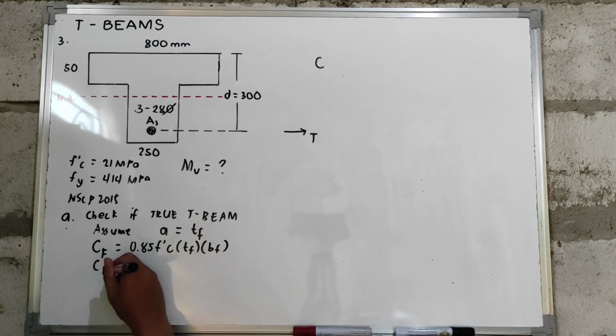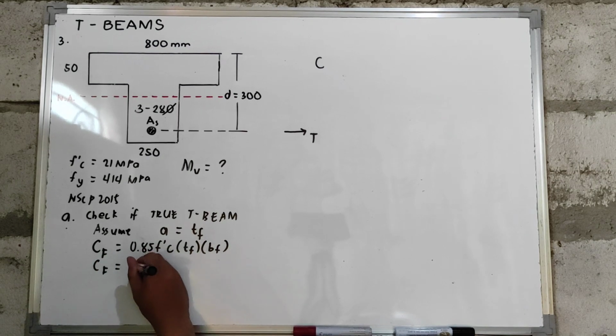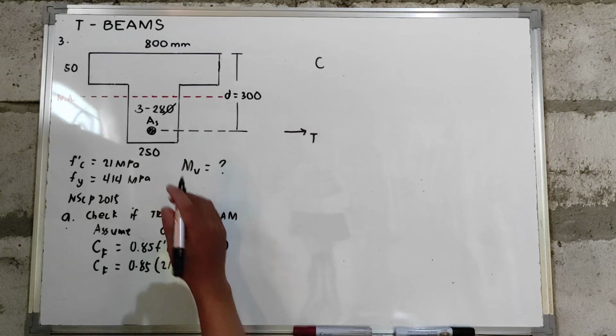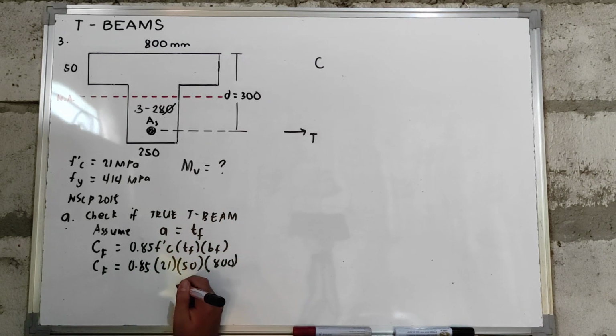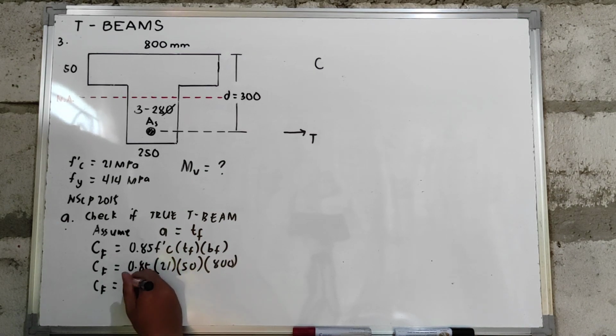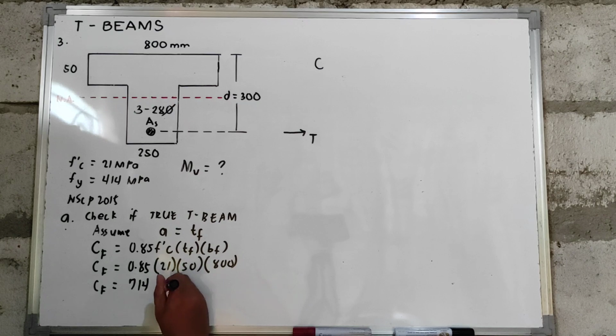So we have the compressive force at the flange na 0.85 multiplied by F'(C) na 21, multiplied by the thickness of your flange na 50 multiplied by the base of the flange na given na 800. So you have a compressive force at flange which is equal to 714 kilonewton.